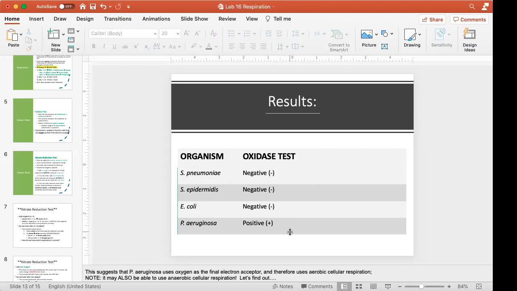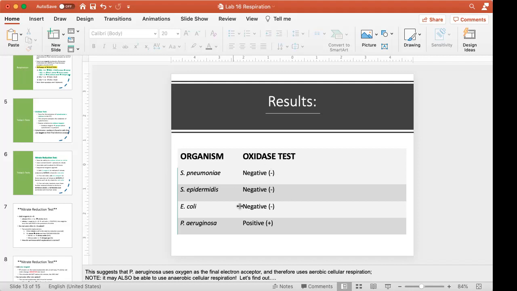But Pseudomonas will come up positive on this test. Pseudomonas, therefore, has the cytochrome C oxidase enzyme, which means it has the cytochrome C version in its electron transport chain, which also means it uses oxygen as its final electron acceptor.